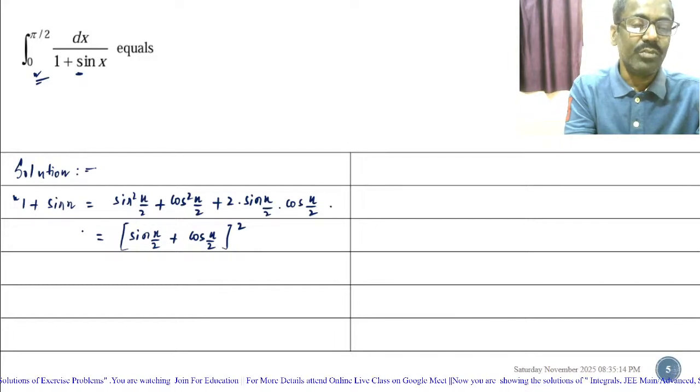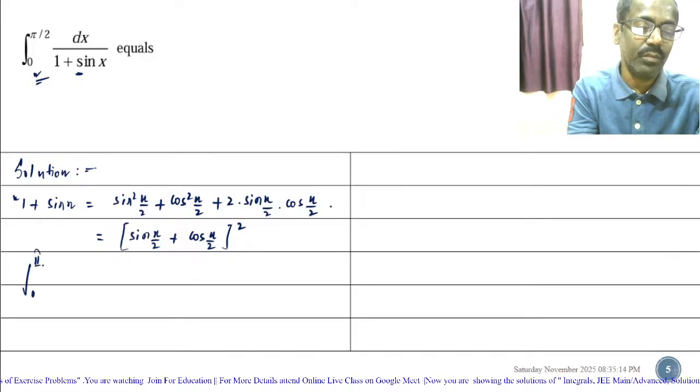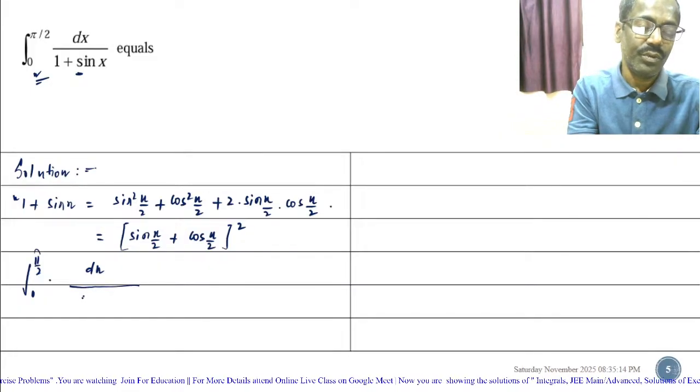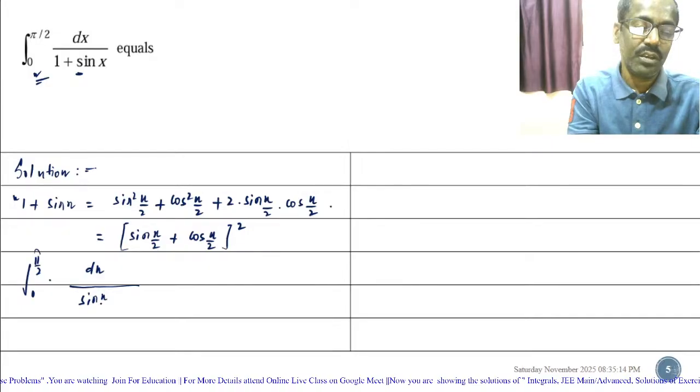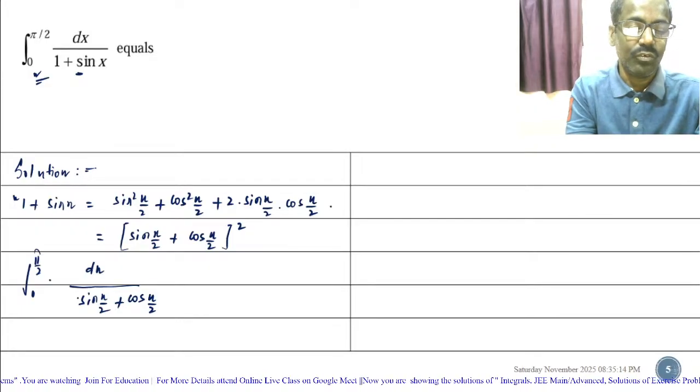So the form of the question will be the integral from 0 to pi by 2 of dx by sin x by 2 plus cos x by 2, the whole to the power 2.